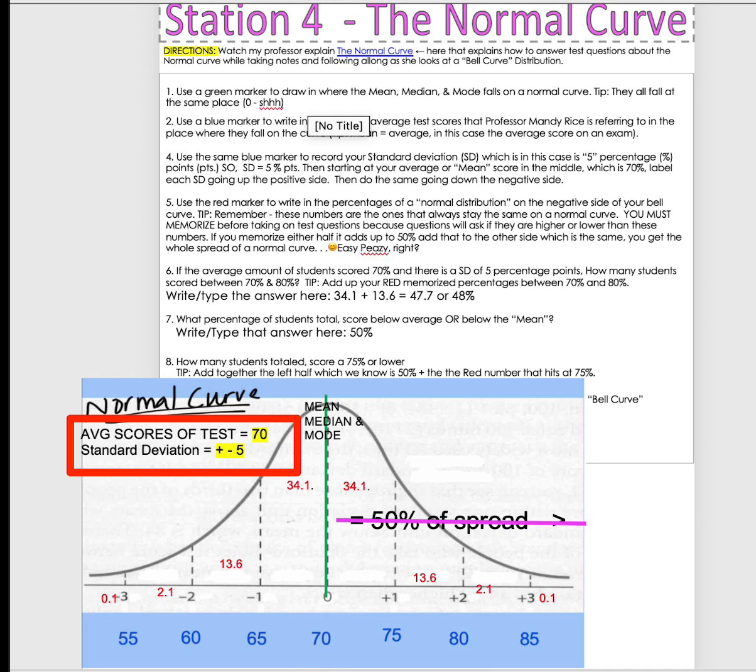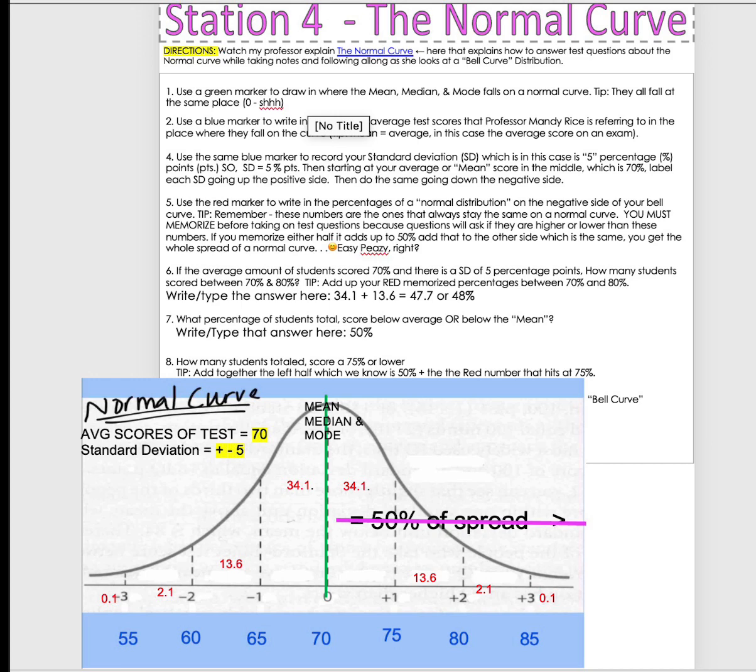And then we're going to add in our scores, plus and minus 5. So 1 standard deviation up is 75. 2 is an 80. 3 is an 85. 1 standard down, 65. 2 down, 60%, 55%. These are the test scores that you fill in on the empty bell curve as you get the scenario of your question.